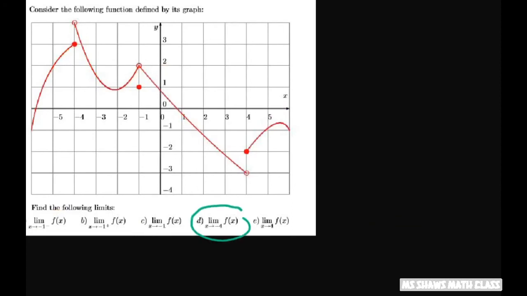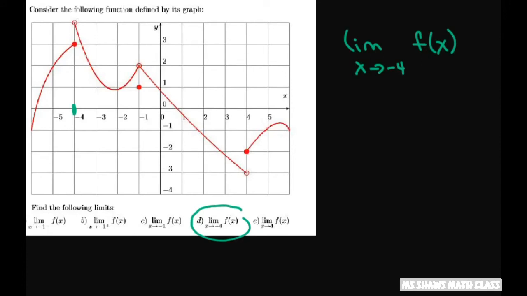The limit as x approaches -4 of f of x, which happens to be our graph. All right, so let's find -4. Here it is. So this one doesn't have the plus or minus.